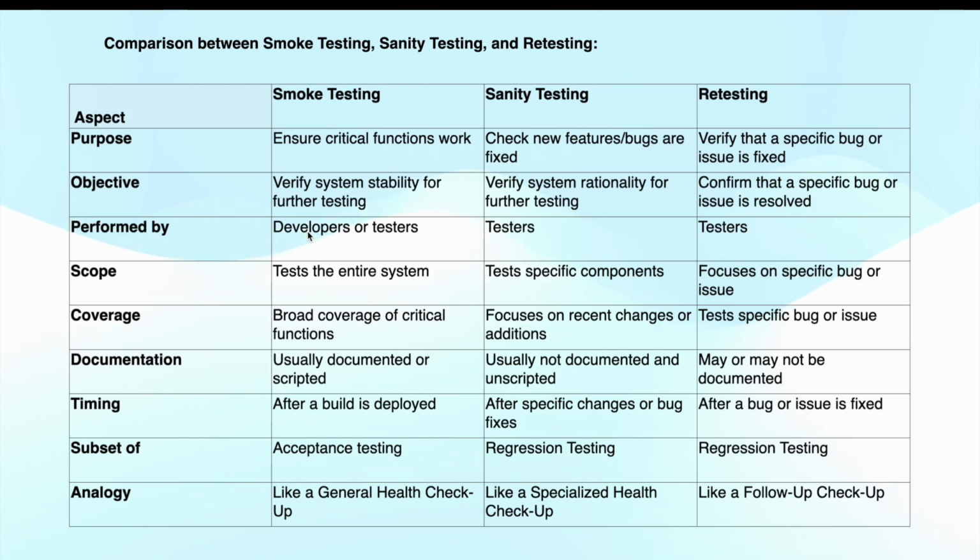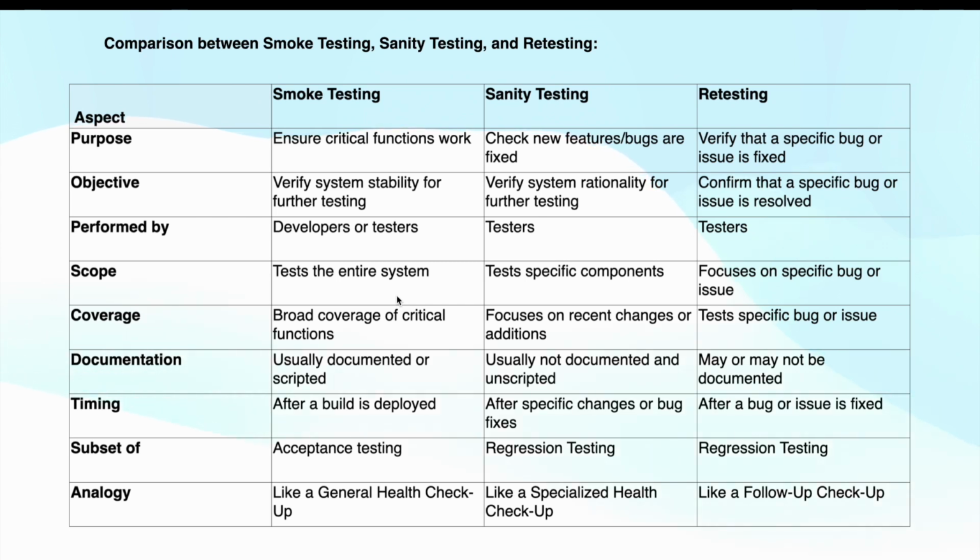Smoke testing can be performed by a developer or tester depending on the organization's testing practices. Sanity testing is typically performed by testers who have a good understanding of the recent changes made to the software. Retesting is usually performed by testers who are familiar with the specific bug or issue being retested.